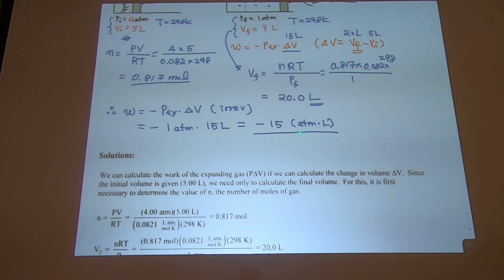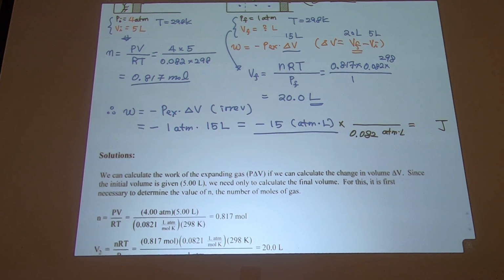This is not a common choice, so I took the liberty of wanting to change it to joule. Okay? And how should I do that? You know the exact conversion factor of atm liter to joule, which is this. 0.082 atm liter per mole Kelvin, right?